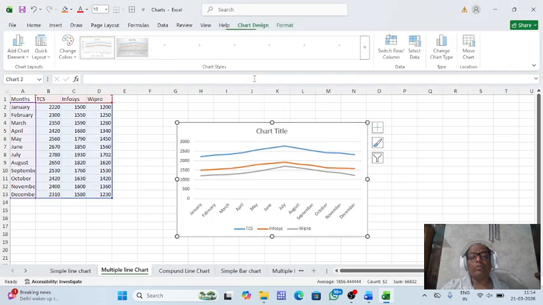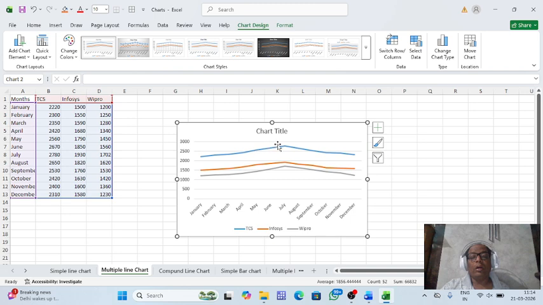You can click on this one, and you can see that the movement has been given. TCS is the blue line, Infosys orange, and Wipro grey. Obviously, the share price of TCS is higher, so it is higher on the hierarchy compared to Infosys, and then later on Wipro is there.